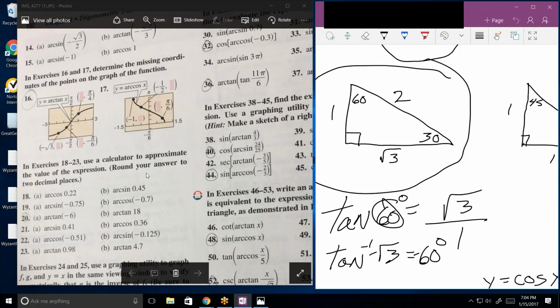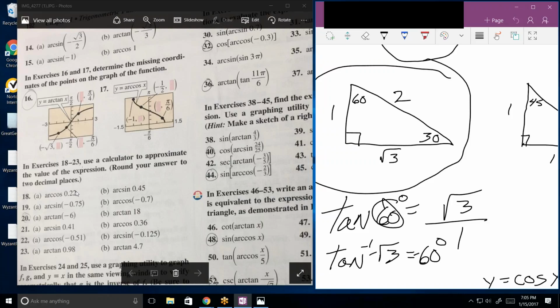Now, when it says round your answer to 2 decimal places, that means they want you to use decimals, not pi over 2 or things like that. Although looking at all of these numbers, none of them are going to be pi over 6, pi over 3, pi over 2. They're all going to be something else.